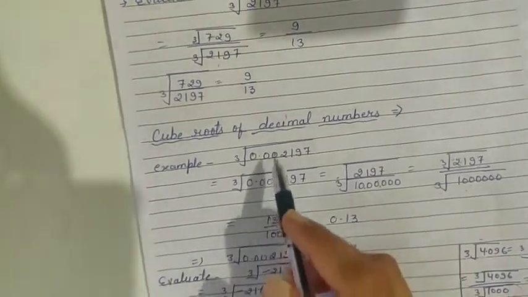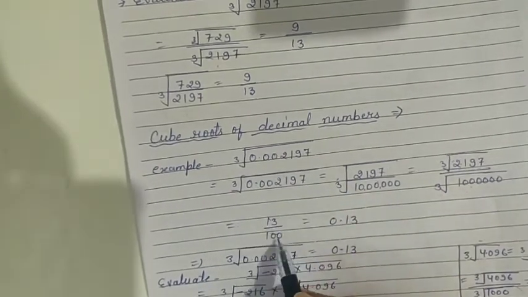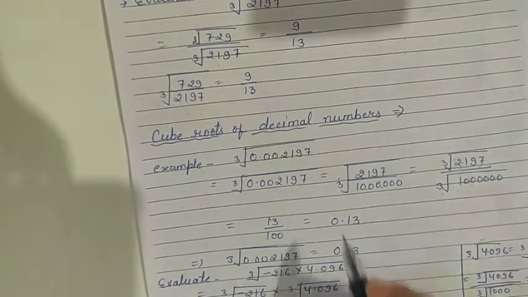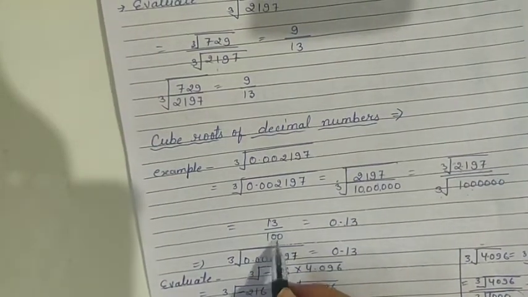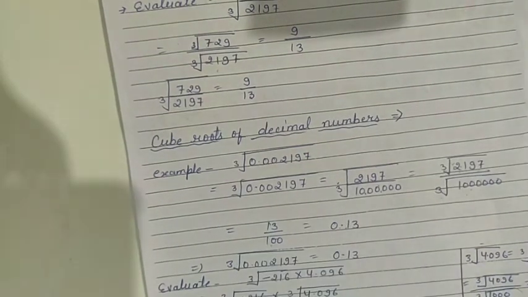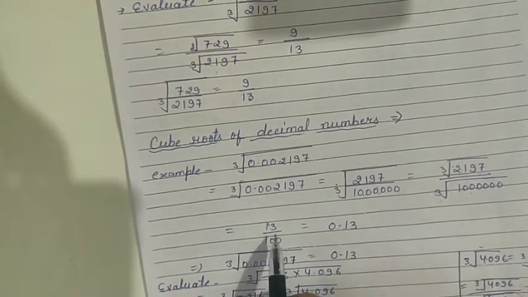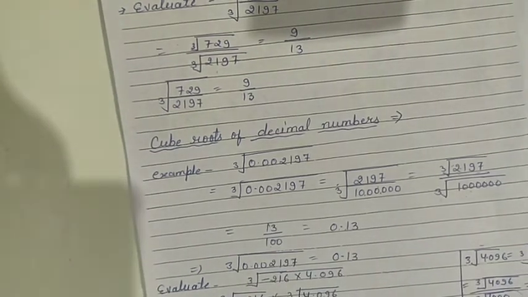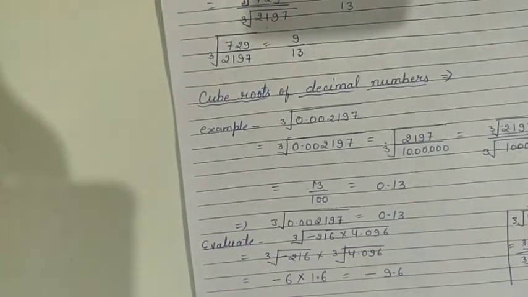So cube root of 0.002197 equals 13 upon 100, and that equals 0.13. The number of zeros in the denominator is 2, so we will place the decimal after 2 numbers from the right-hand side: 3, 1, point, this decimal.